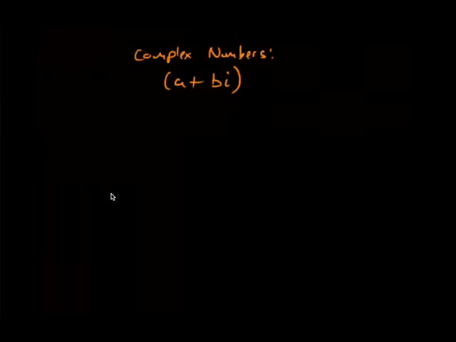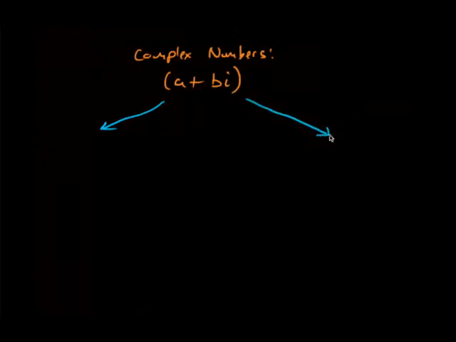And within the complex numbers, I've got two types. Let's see, I want to make sure I'm not going off the screen here. Oh, I'm golden. Here we go. So I've got two types. I've got real numbers. All right, if b is equal to 0, then there was no i part, and I'm just left with real numbers.